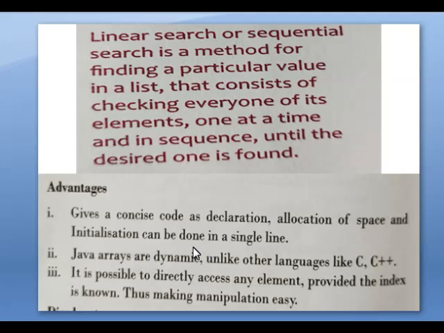We are able to write concise code as declaration, then allocation of space, whatever space we want, we are able to declare, and the initialization. Everything can be done in a line. Java arrays are dynamic, unlike other languages like C, C++. It is possible to directly access any element provided the index is known. Thus, the manipulation is easy. So, these are the advantages of an array.